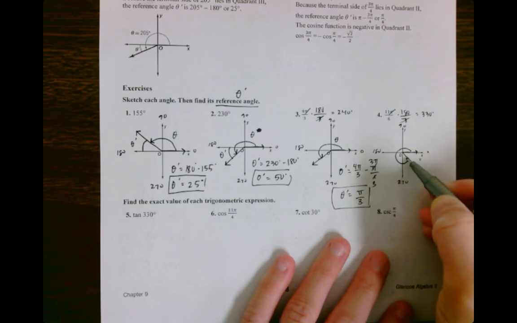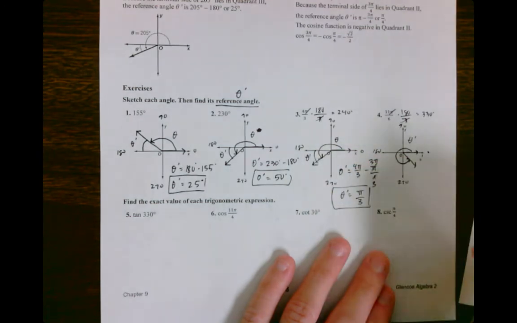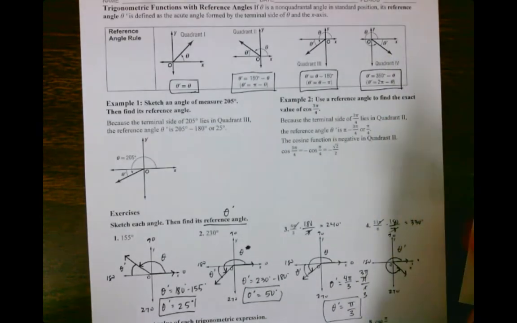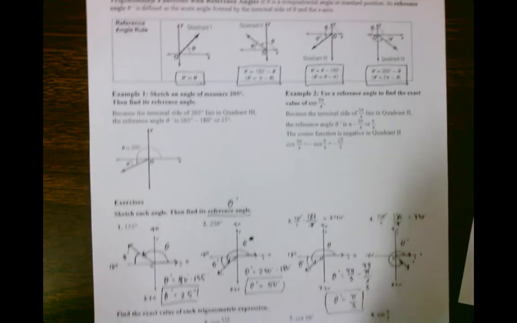So this is theta, and this here was theta prime. So now that we drew it, we're going to go back up here. We're in quadrant 4. Again, we're in radians, so we're going to use this bottom one. To find theta prime, we're going to take 2 pi minus theta.